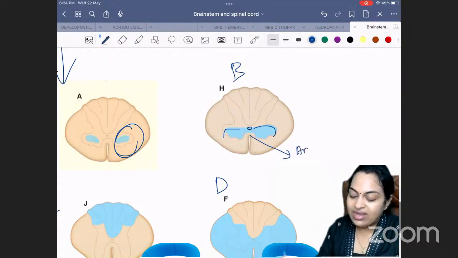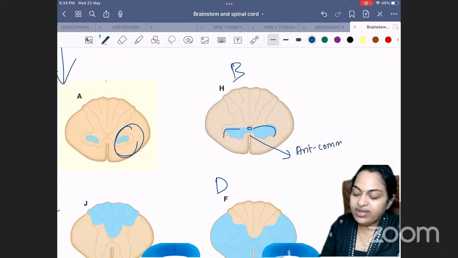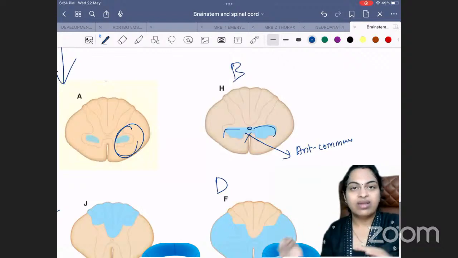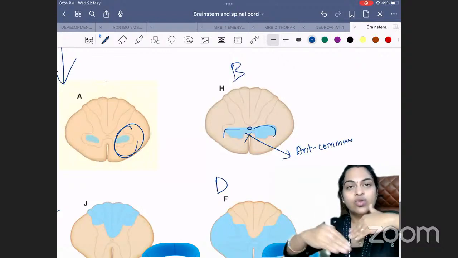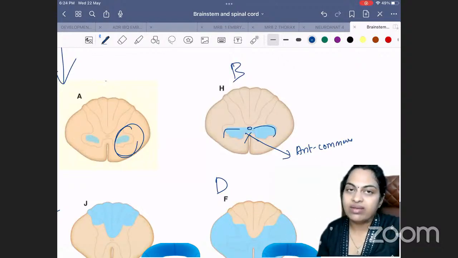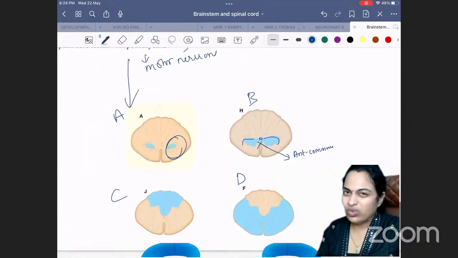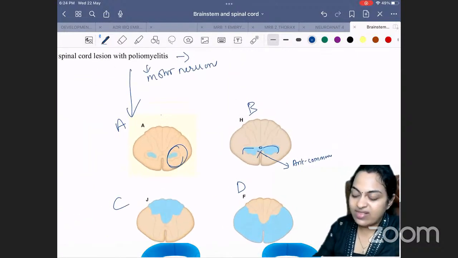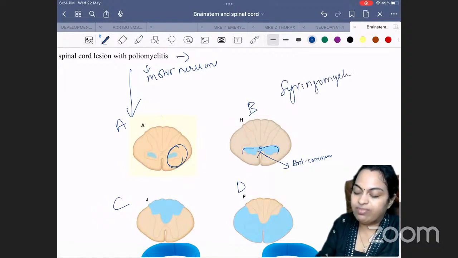It's called the anterior commissure. What happens here? Crossing, right? I told you the anterior spinothalamic and lateral spinothalamic are crossing. So the crossing of the spinothalamic tract takes place there. Can you tell me what condition this is? It's syringomyelia. I put a separate slide to explain that.